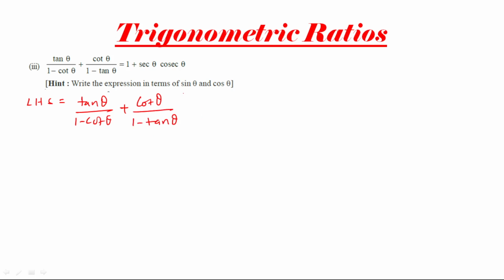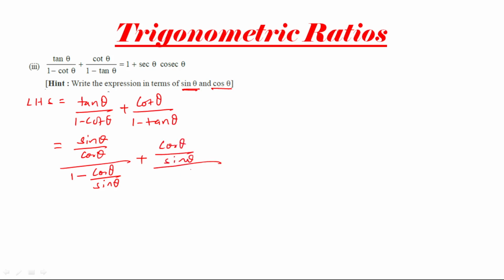The hint is already given that we can convert tan theta and cot theta in terms of sin theta and cos theta. So tan theta can be written as sin theta by cos theta, and 1 minus cot theta can be written with cot theta as cos theta by sin theta, plus cot theta, which is cos theta by sin theta, divided by 1 minus sin theta by cos theta.